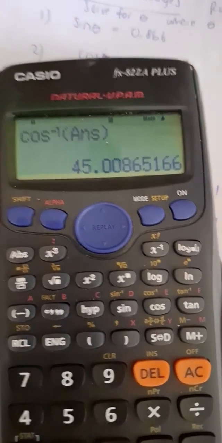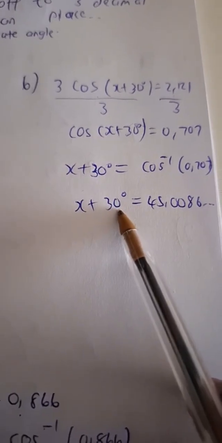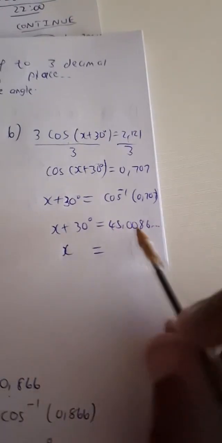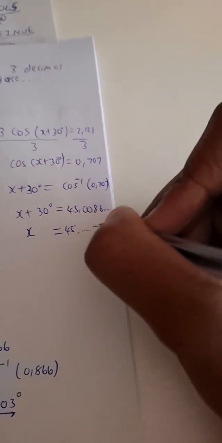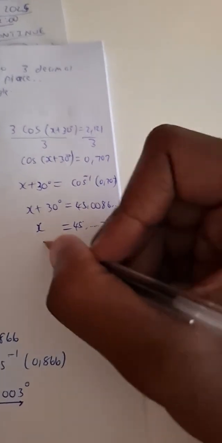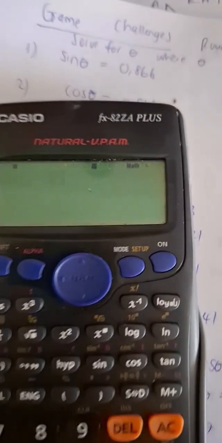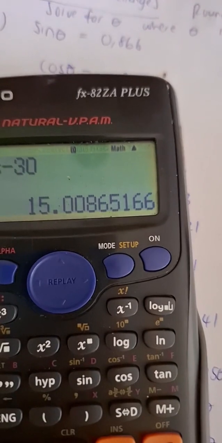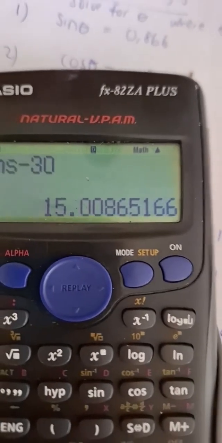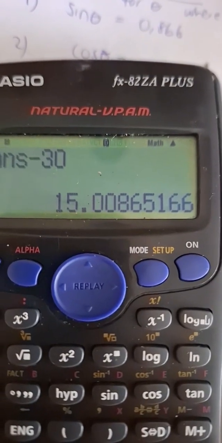And then what do we do after that? We transpose the 30 degrees to the other side, guys. Remember? So x is equal to 45 point something something minus the 30 degrees when we transpose. So we just subtract 30 from this answer. And what do we get? 15 comma 0, 0, 8.